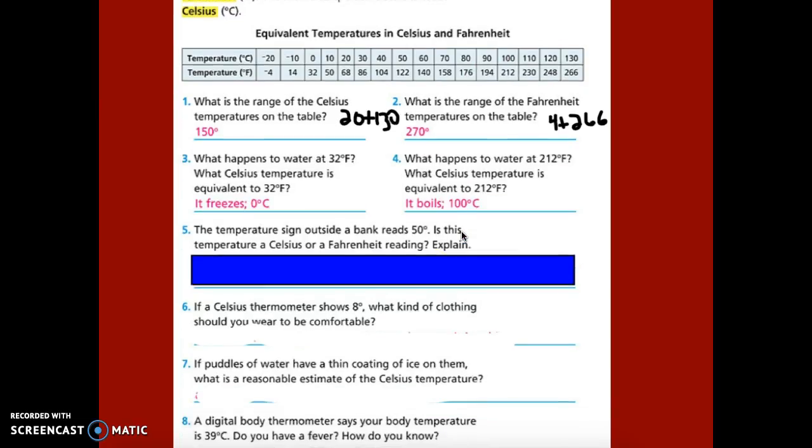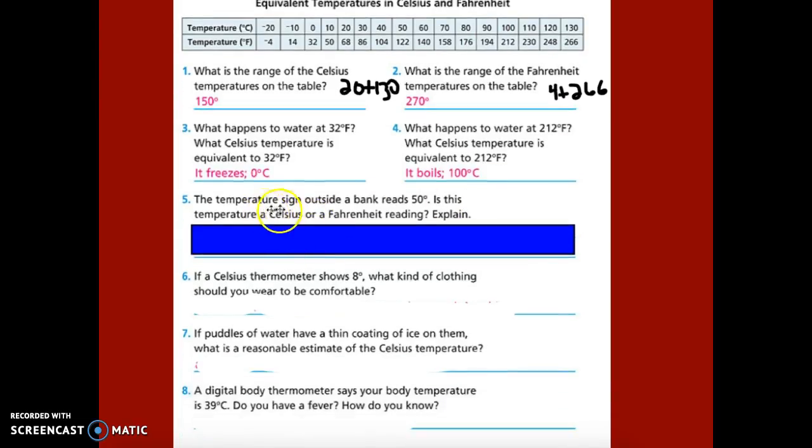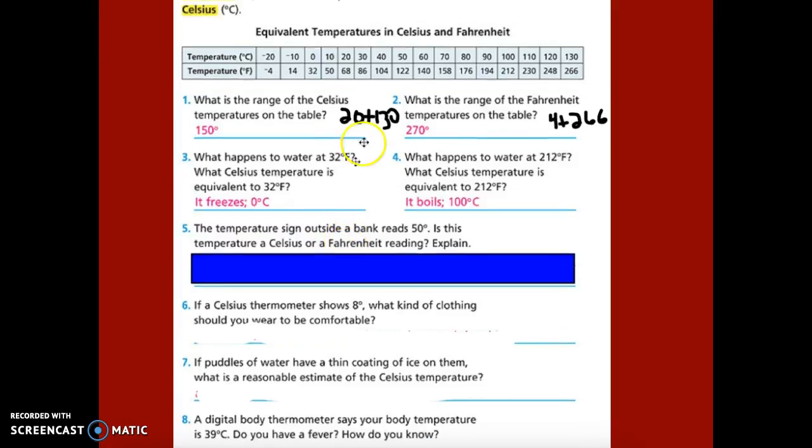The temperature sign outside the bank reads 50 degrees. Is this temperature a Celsius or Fahrenheit reading? So go look here. 50 degrees. Is that a Celsius or a Fahrenheit reading? And that's a great question.